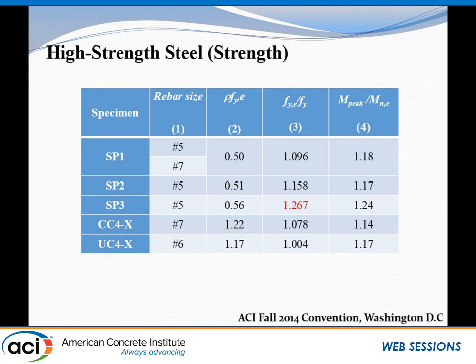And the predicted nominal moment capacity is based on test material, so it does not include this value. So we think that to better estimate the overstrength factor, it's better for the code to have a limitation on the ratio of the test FY to the specified FY.